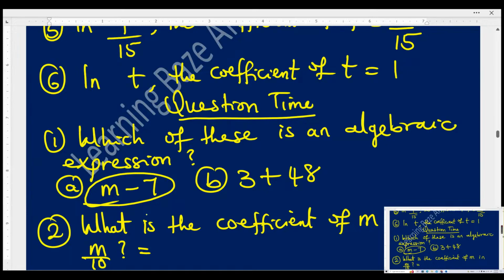What is the coefficient of m in m over 10? So I'll be mentioning your name. When I mention your name that your answer is correct, you have 10 diamonds. Yes, Ifeanyi Chukwu, correct. Emmanuel, correct. Shemilore, correct. Enlighten, correct. Jesse, correct. Catherine, correct.